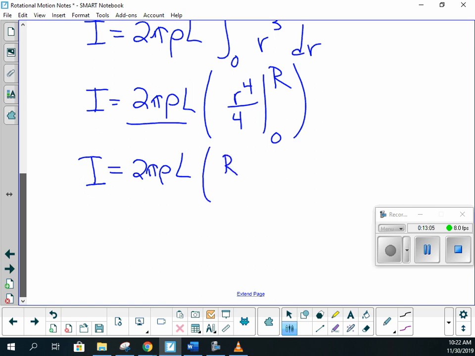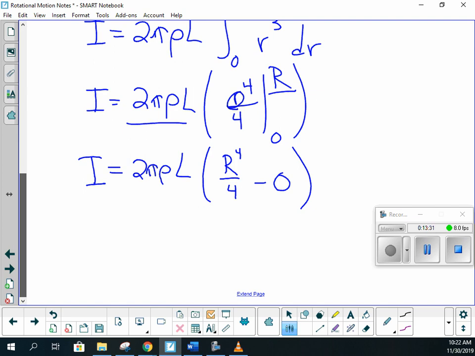So notice that this little r is what varies. It varies from 0 up to a capital R, so we're going to substitute in our values. We've got R there. So this would be R to the 4th over 4 minus 0. Remember, change in anything is always final minus initial. So we take our final, which was our capital R, minus our initial.